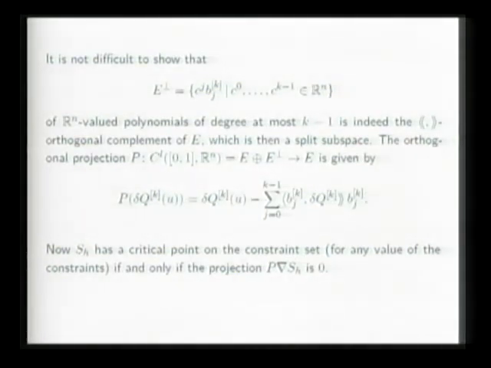So this sum here is an element of this type. So this is actually the E perp component of your vector delta qk, and you just subtract that. Now, what we want to find is at which points the projection of the gradient of H is 0.